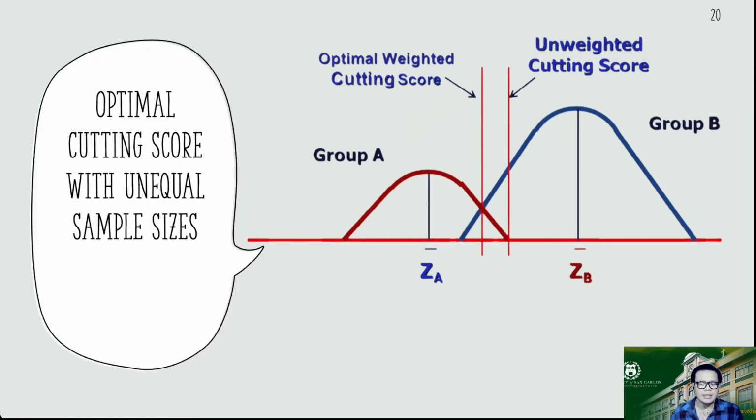Now here, as you can see, it is not equally distributed in terms of the grouping. So group A is smaller than group B. This is a very good example of an optimal cutting score with an unequal sample size.